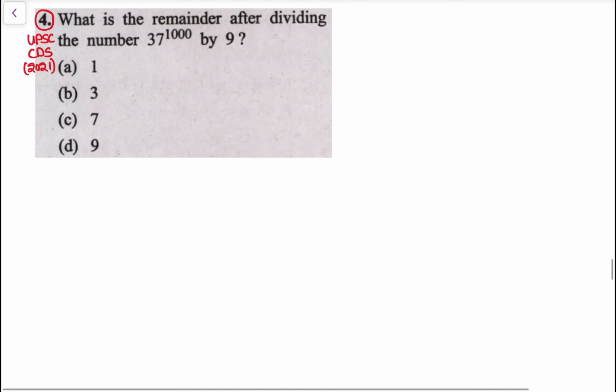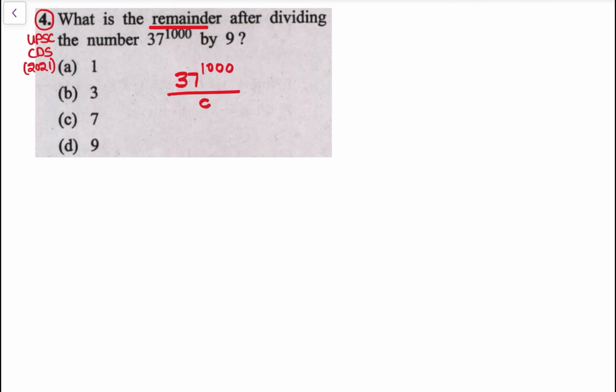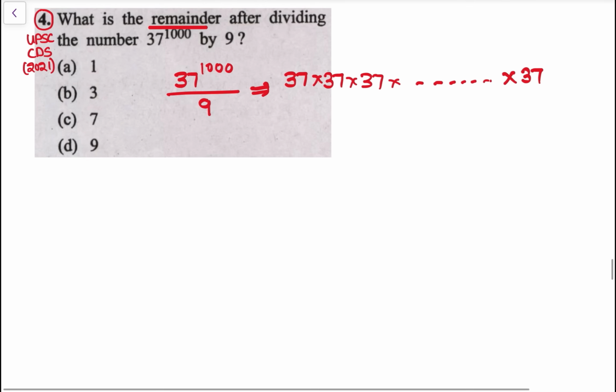Now let's see next question. You will get more clarity. See, what is the remainder after dividing 37 to the power 1000 divided by 9? So that is 37 into 37 into so on into 37 upon 9.